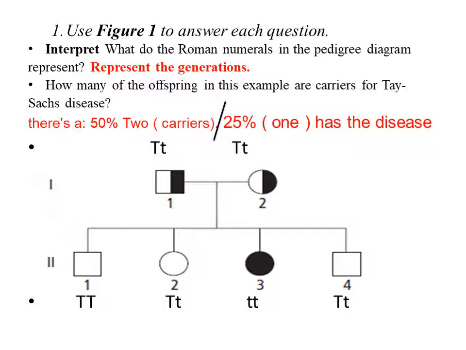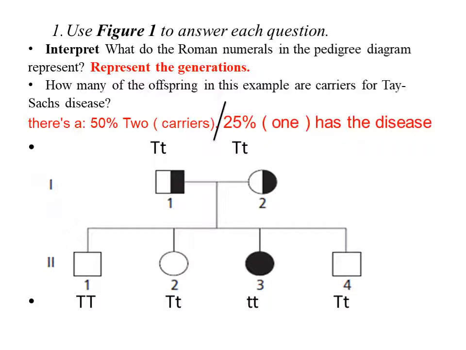And I crossed them to get the alleles of the offspring. And it produced 50% heterozygous and 25% homozygous dominant, which has no disease, and one homozygous recessive has the disease.